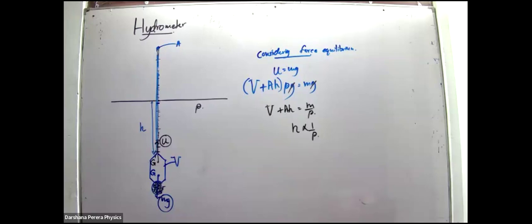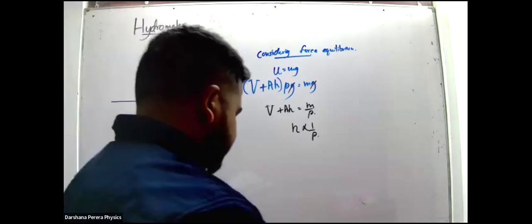A hydrometer immersed in the water, 6 centimeter above its calibrated stem, and it floats in oil with density 0.8 g cm^-3.